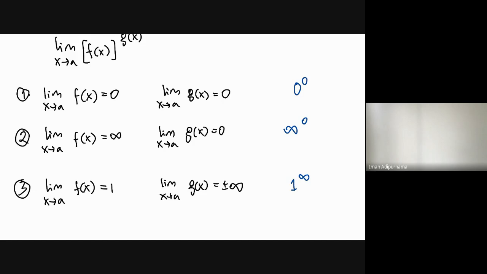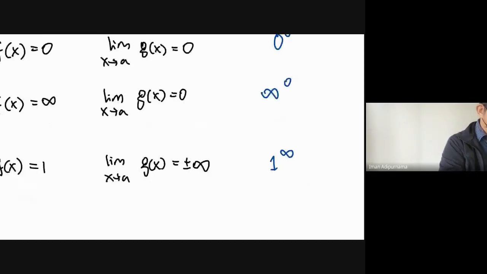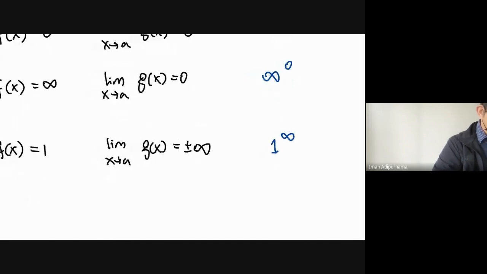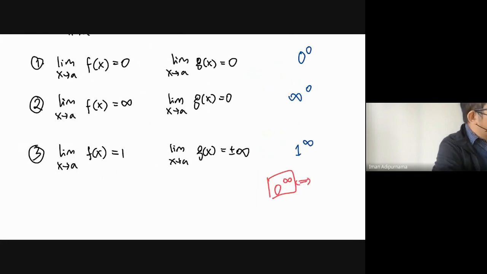But you notice that there is no mention of 0 with infinity, right? So this I will explain later. But let me explain how to solve first, and then later I will give you the additional parts on some proof.